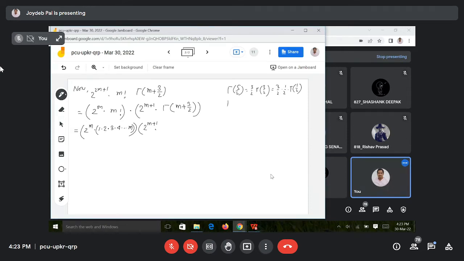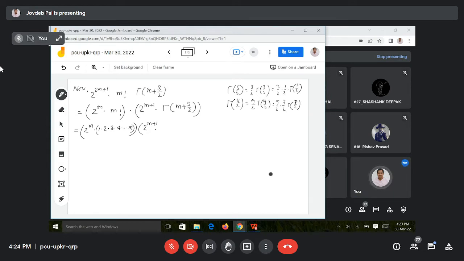Similarly, gamma 11 by 2. So gamma 11 by 2, that is 1 plus 9 by 2, so 9 by 2 gamma 9 by 2. Then again gamma 9 by 2 can be written as 7 by 2 gamma 7 by 2.